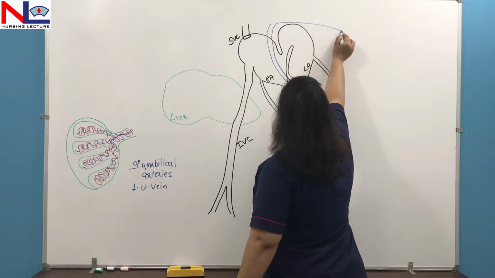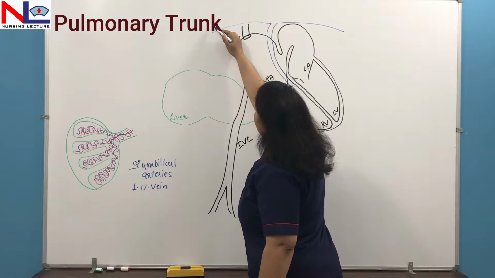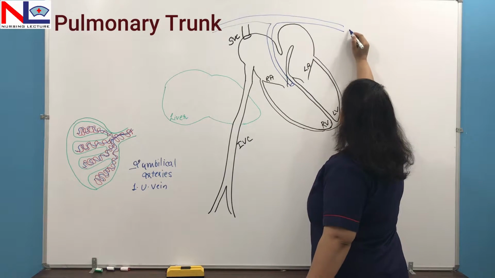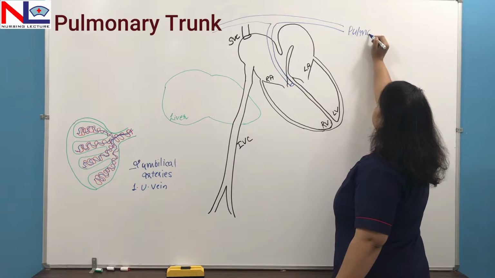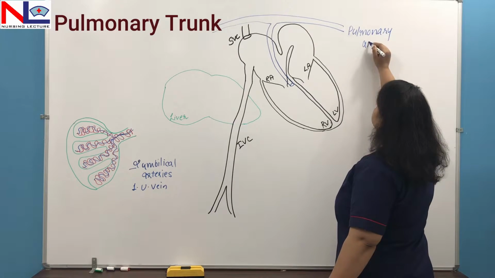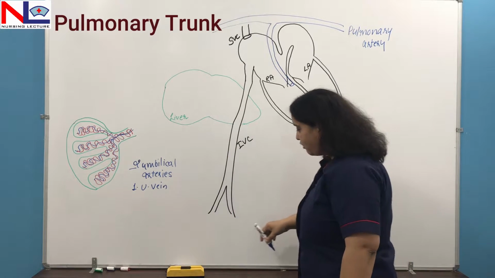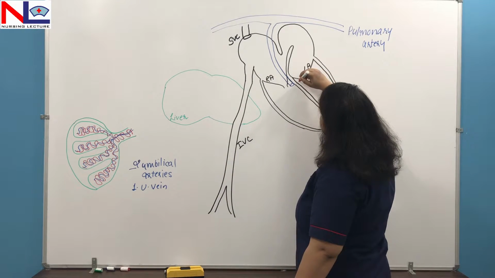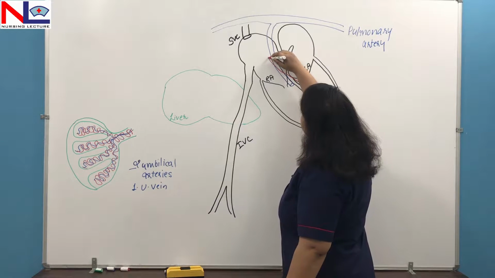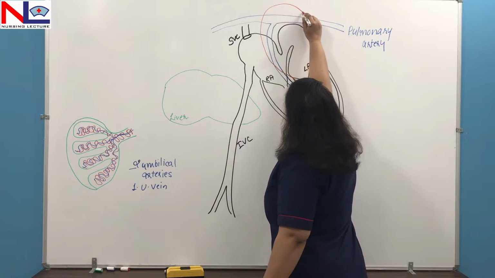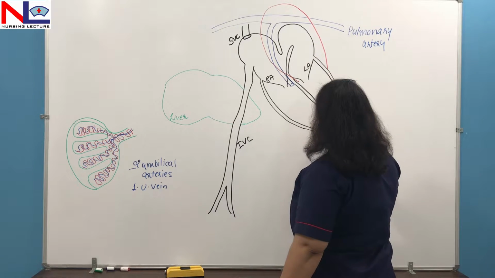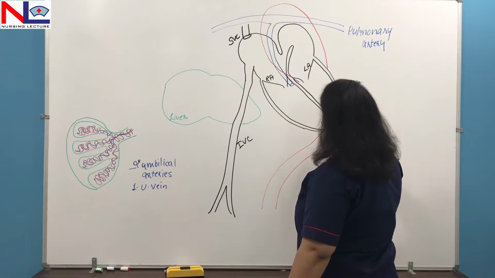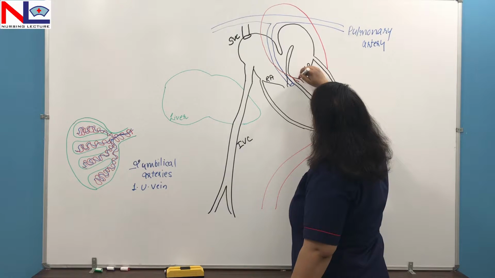So this is the pulmonary trunk or the pulmonary artery. Now comes the major artery in our body which carries oxygenated blood. What is it? This is the aorta.